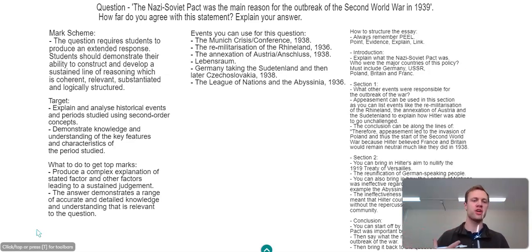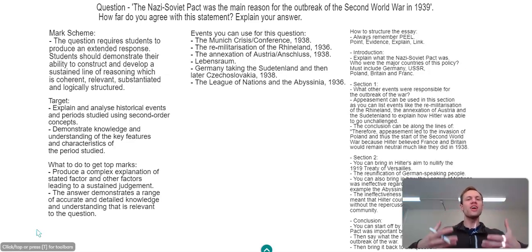The answer demonstrates a range of accurate and detailed knowledge and understanding that is relevant to the question. That's how you get your 16 marks. You basically aim to get between 13 to 16 marks for this question. As long as you aim for those, you'll be fine.